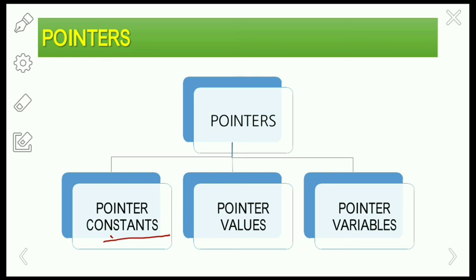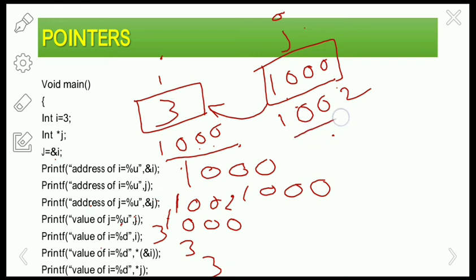And next, coming to the pointer variables. Once we have a pointer value, it can be stored into another variable. The variable that contains a pointer value is called a pointer variable. In the previous example, j is the pointer variable, whereas 1000 is the pointer value, and the memory address within the computer is called the pointer constant.